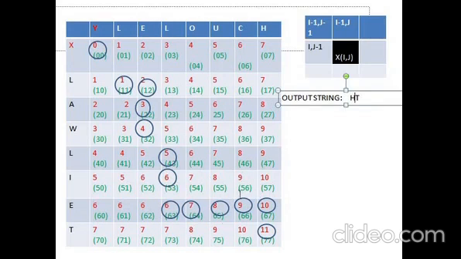Again we check, we find that 9 is greater, so we print C. And then similarly U, because we find that 8 is again greater, we print U, and then we move to the left position.